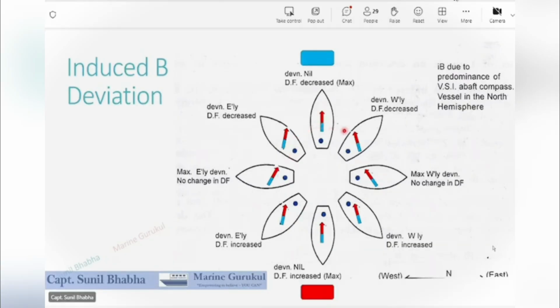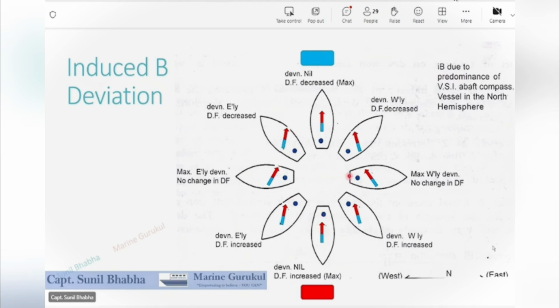So we can see that the deviation which is generated is semicircular. From 000 to 180, a westerly deviation is generated, and from 180 to 360, an easterly deviation is generated.